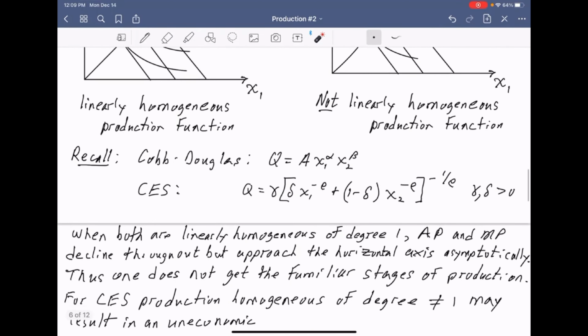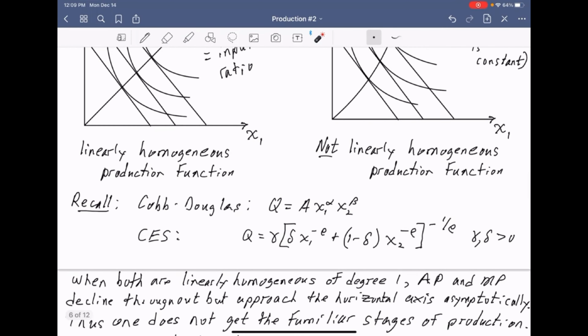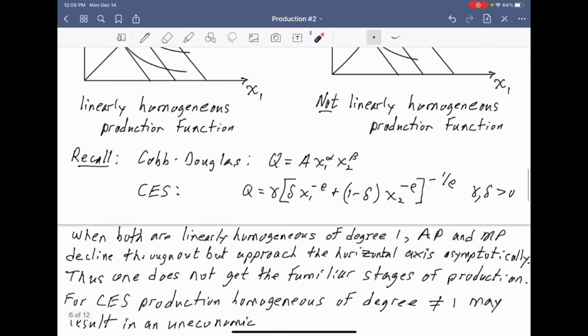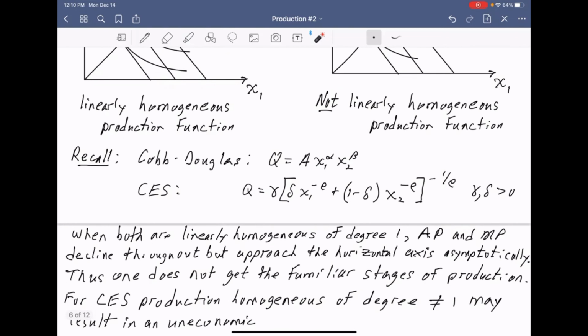So let's recall that we have two production functions that we've looked at. We've looked at a Cobb-Douglas written here as Q equals a parameter A times x1 to the alpha, x2 to the beta, where alpha and beta are parameters that are generally chosen between 0 and 1.